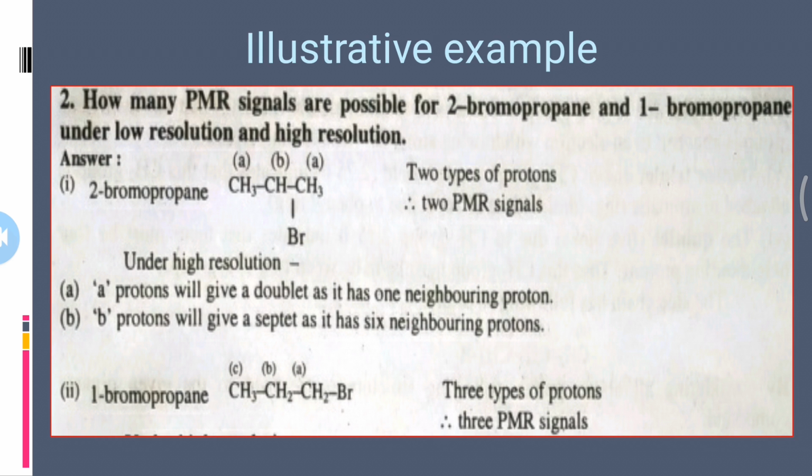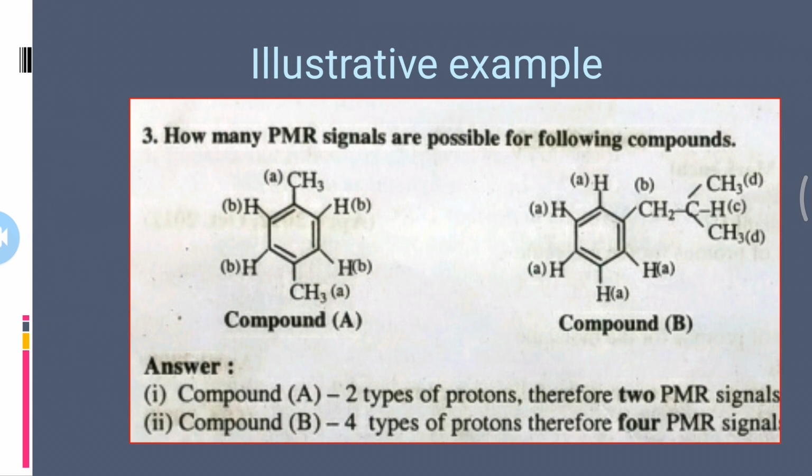But B, how many neighboring protons are present? There are five protons, so in high resolution B splits into a sextet. But for C protons, how many neighboring protons? There are two neighboring protons, so it gives a triplet in high resolution.